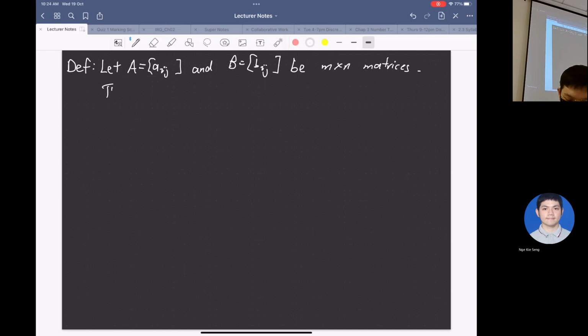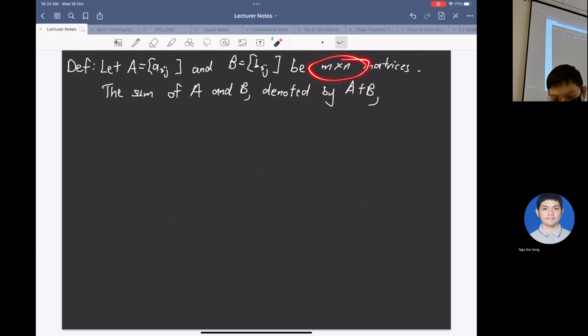We define the sum A plus B. When you want to add them, they have to be the same size. If they're different sizes, we don't know how to add them because we could add them in different ways, so there's ambiguity. So we make sure they have the same size first and then add them. How to add them? Add them entry by entry.